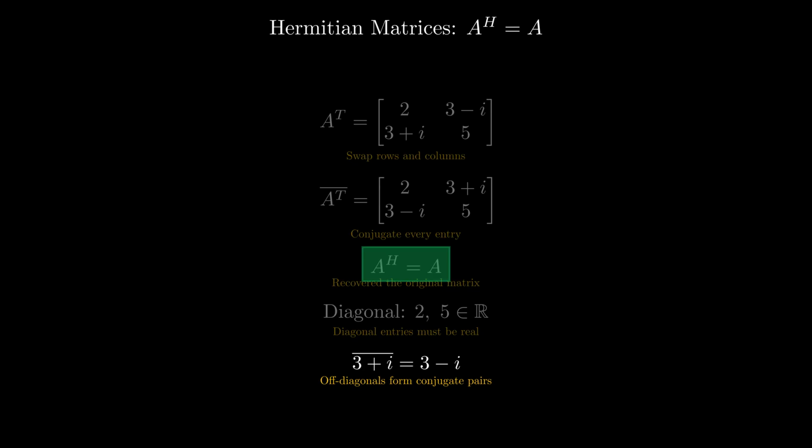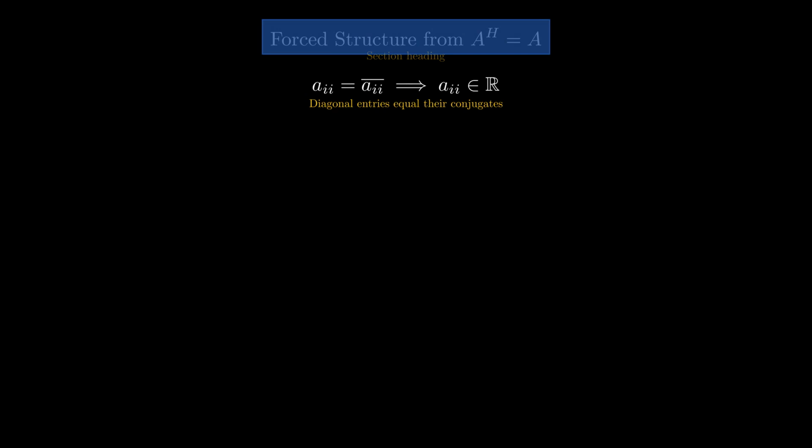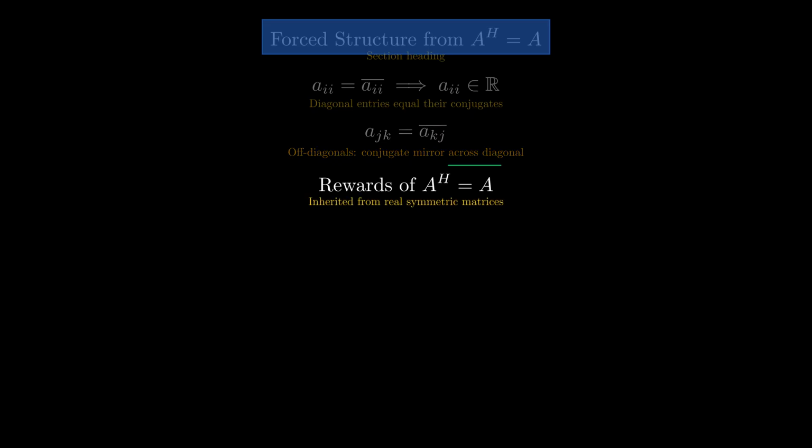That's the Hermitian pattern: real on the diagonal, conjugate pairs across the diagonal. These structural rules are forced by the equation A Hermitian equals A. Each diagonal entry must equal its own conjugate, and only real numbers satisfy that condition. Each off-diagonal entry must equal the conjugate of its mirror partner across the diagonal.